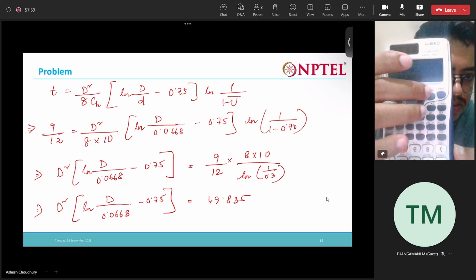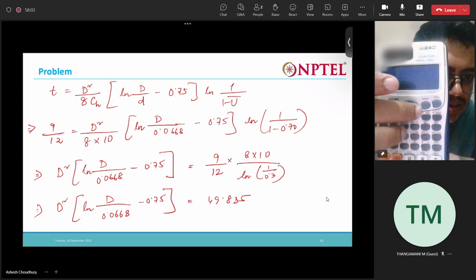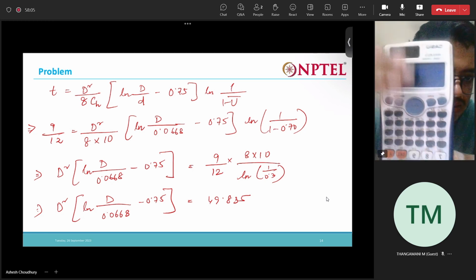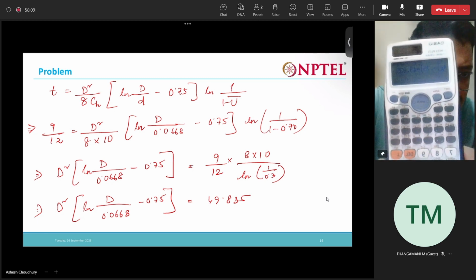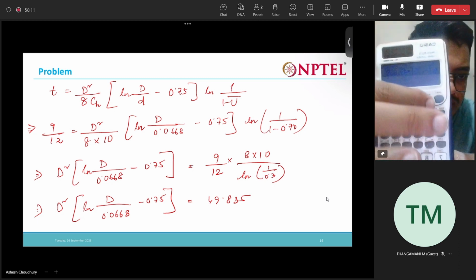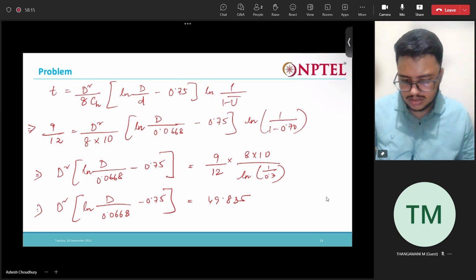So like this, actually, you can write the whole equation in the calculator. Okay, it's not visible clearly actually. So like this, you can write the whole equation and then try to solve for it.